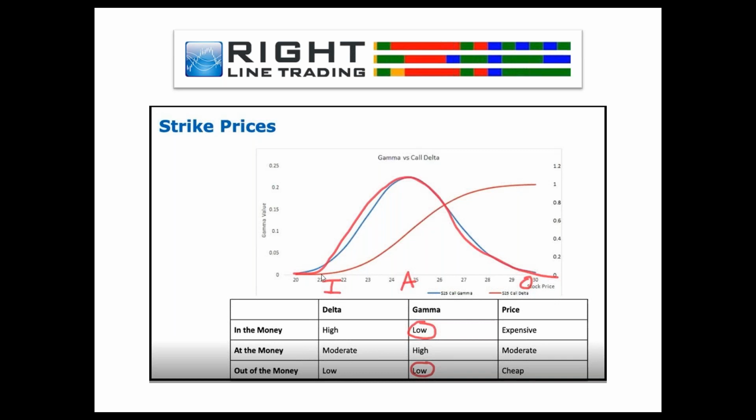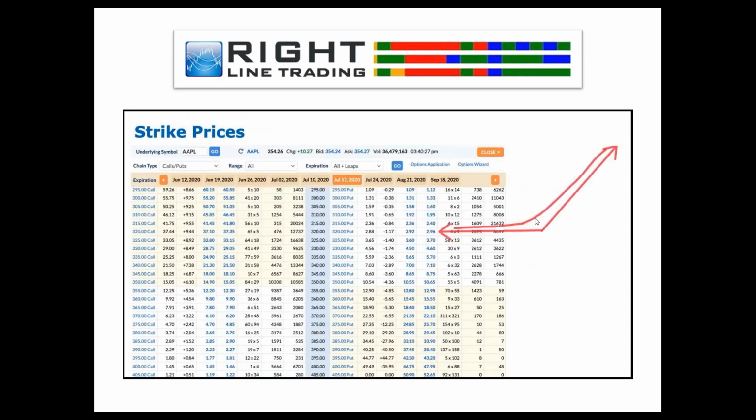Now, also, if you buy deeply out of the money, actually, I wrote these wrong. This is the out of the money, and that's the in the money. But it doesn't make any difference. Either one of these are bad choices. If we go out of the money, we're not going to get the leverage that we want, and that's the kind of leverage we need.